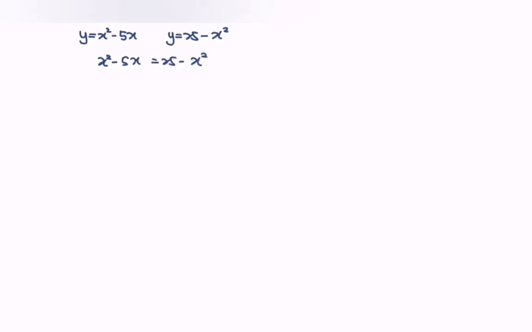Simplify: 2x squared minus 5x minus 25 equals 0. Factor: (2x plus 5)(x minus 5) equals 0. So finally, x equals negative 5 over 2 and x equals 5.